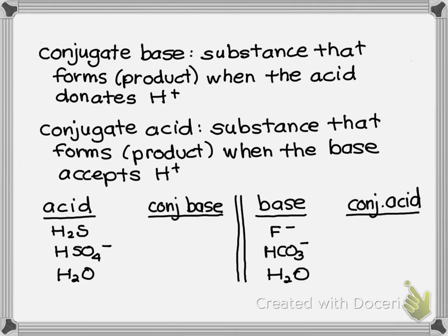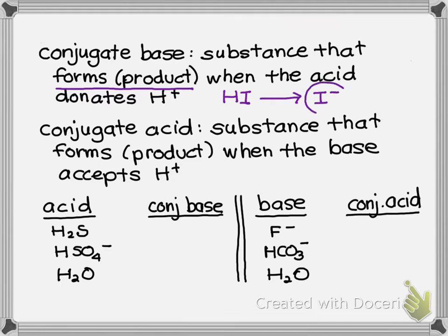So a conjugate base is a substance that forms. So these are things that are on the product side when the acid donates the H+. Okay, so in the previous problem, our acid was HI, and it went onto the other side, it made I-.